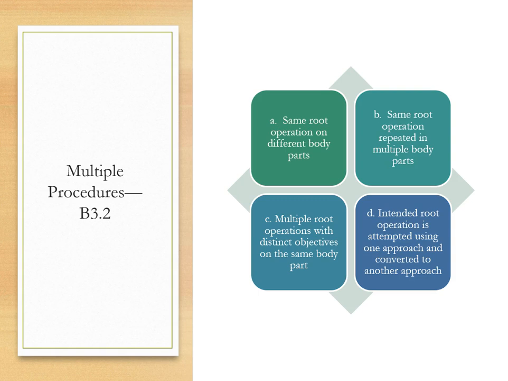Next guideline, if the same root operation is repeated in multiple body parts, and those body parts are separate and distinct body part values classified to one ICD-10-PCS code, you can code it separately.